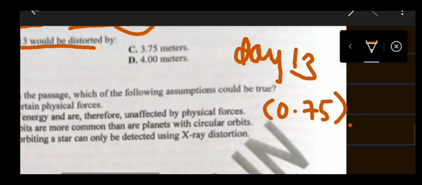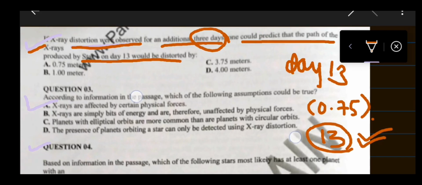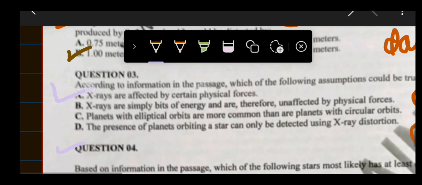We will determine that, suppose the distortion of X-rays increased by 0.75. So if we ask on day 13, the distortion will be 1.00 meter. So B will be the correct option here.